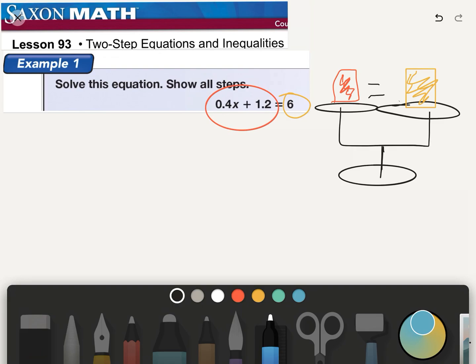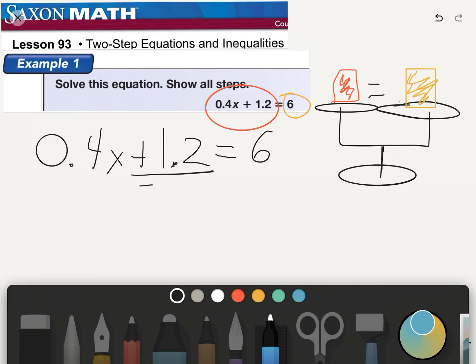So starting our second step, we can look at this and say, okay, 4/10 of x plus 1 and 2/10 equals 6. So the first thing we're going to want to do is subtract from each side.